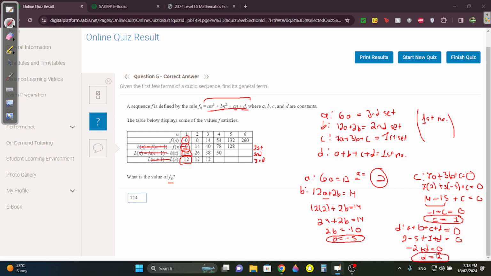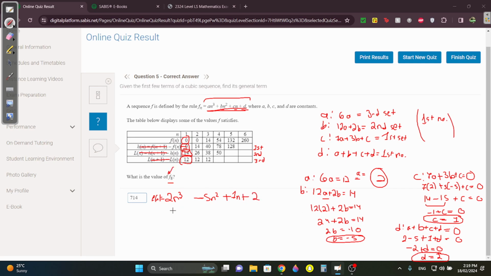Now we have the values of A, B, C, and D. Can we complete the equation? Yes, we can. A is 2, so we put 2n cubed. So fn equals 2n cubed, and b is minus 5, so minus 5n squared, plus cn. c is 1, so you can just put n, plus d, which is 2.